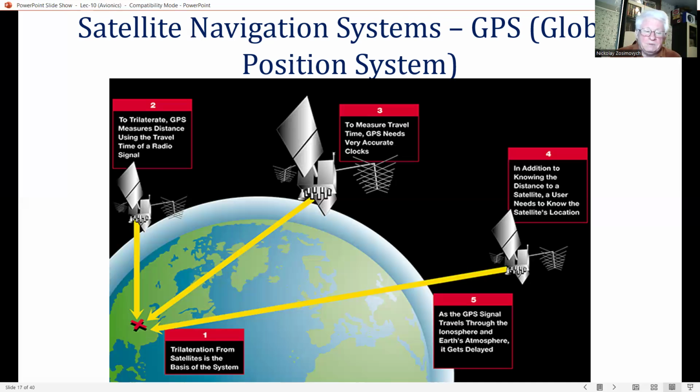The full positional accuracy of 16 meters in 3D and velocity accuracy of 0.1 meter per second is now available to civil users. Previously, only military users were able to achieve this accuracy.